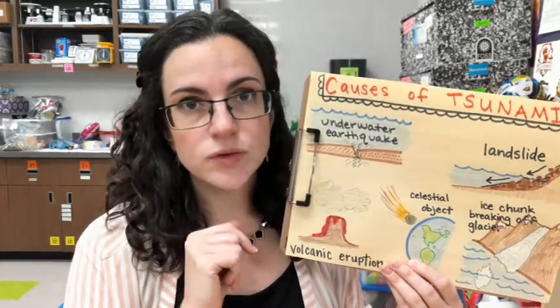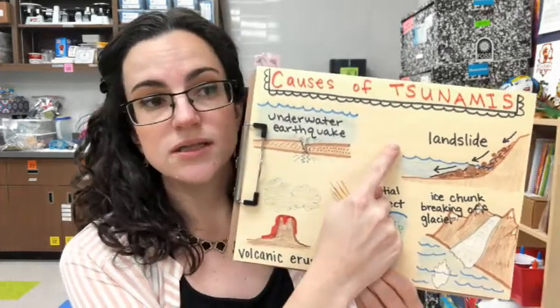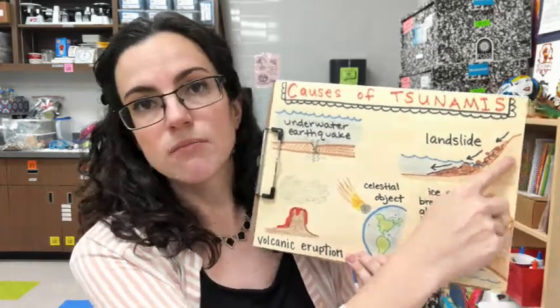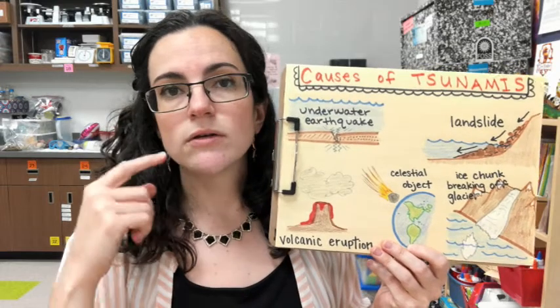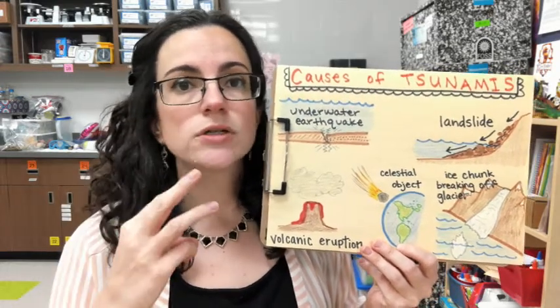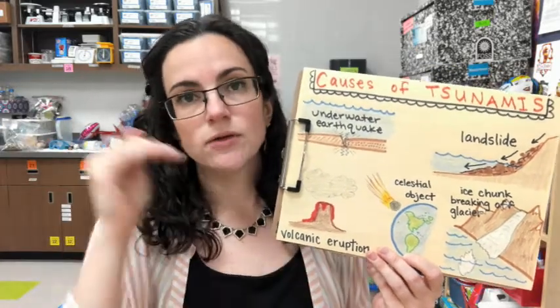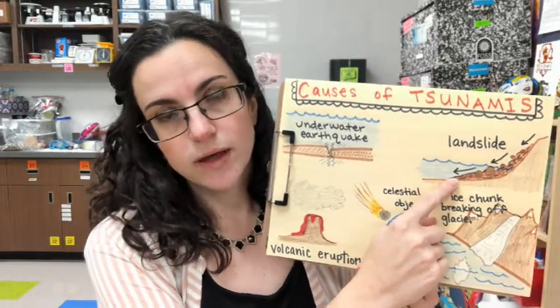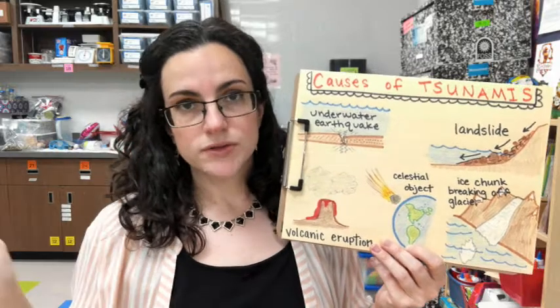and eventually hitting land. Another cause of a tsunami is a landslide, maybe on a hill or a mountainside. That might be soil or rocks or boulders that somehow slide down the hill or down the mountain, and they might splash into a lake or an ocean, which then cause ripples.